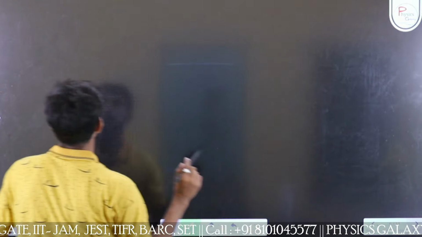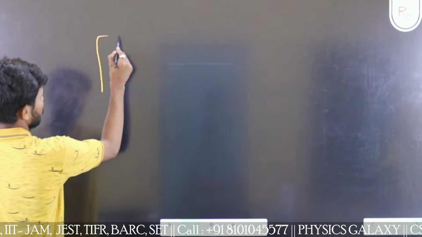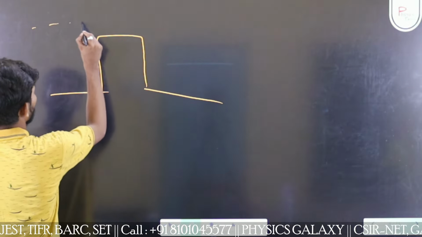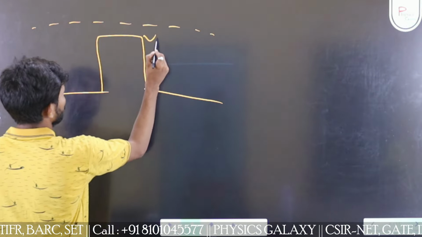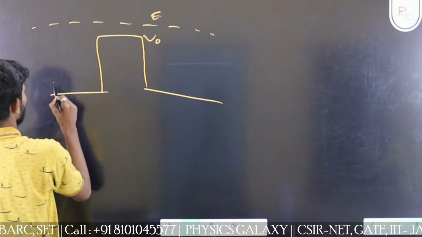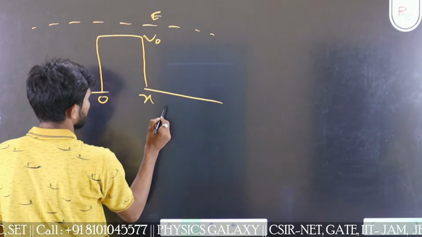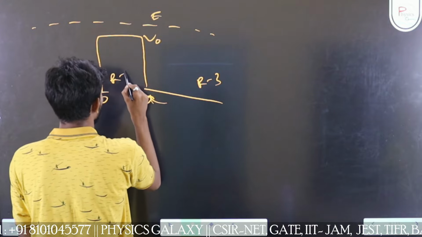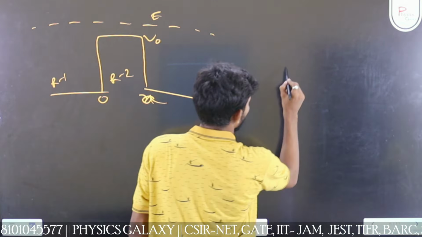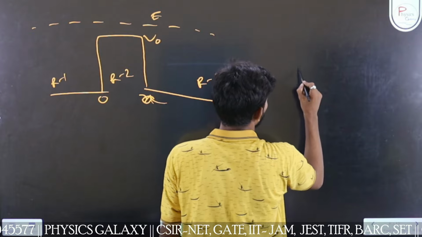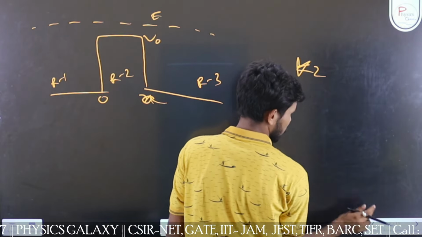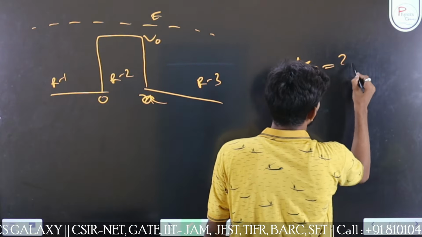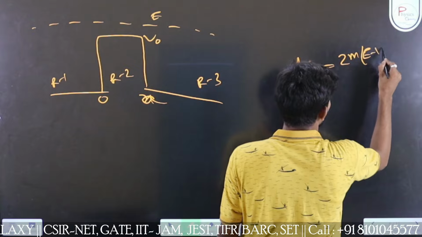Let's draw it. This is V0, this is V, region 1 from 0 to x, 0 to a is region 2, and region 3. K2 was square root of 2m (E minus V) by h square.